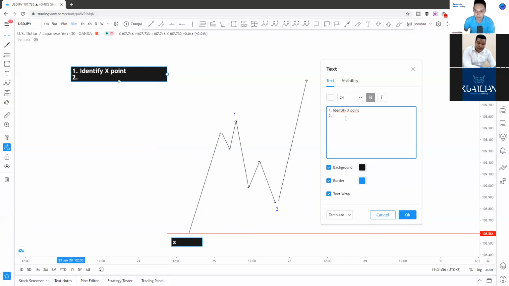Then, second, in the step-by-step process, because we want to be as organized as we can, the second point is waiting for the first wave.